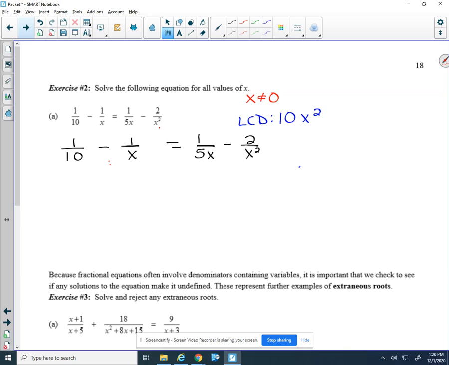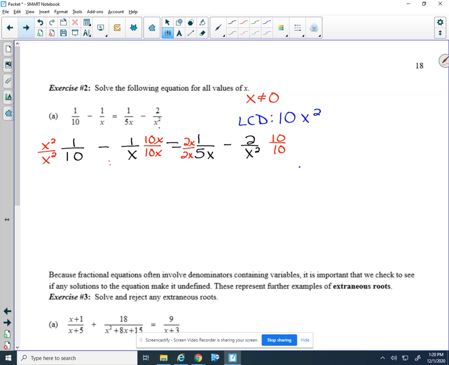So as we said, our first fraction is missing the x squared. Our second fraction is missing 10x to get to x squared. My third fraction is missing a 2x. And my fourth fraction is missing the 10. And it's possible, just like with adding and subtracting, that certain fractions won't need anything. In this case, they all did.